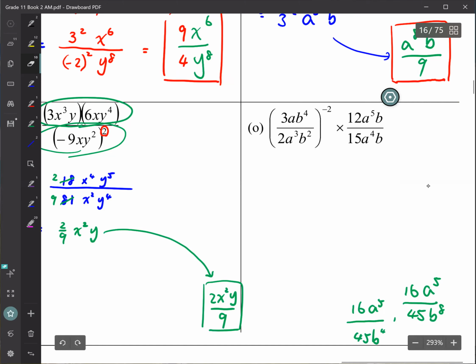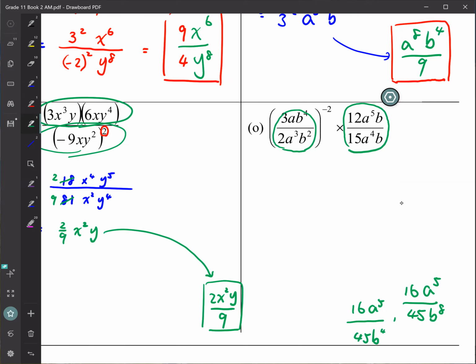So let's say I choose to simplify the inside. Simplify each fraction separately before we do the multiplying.